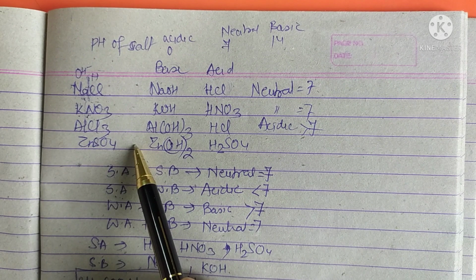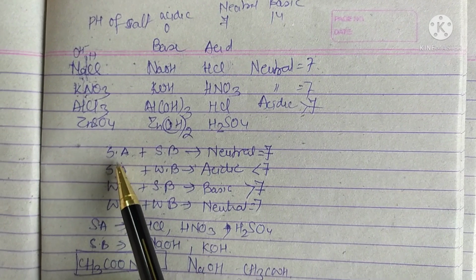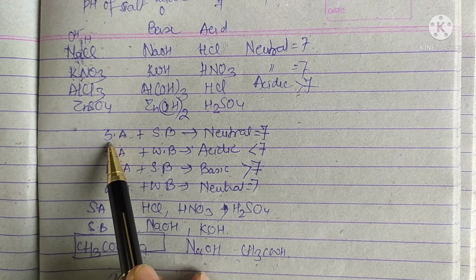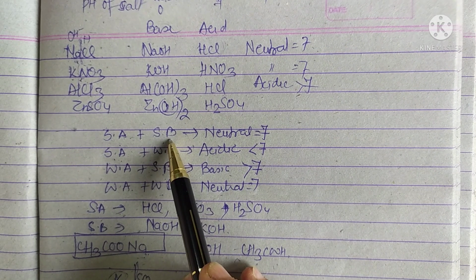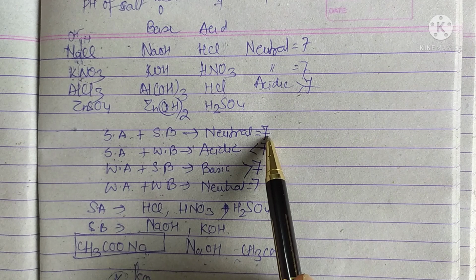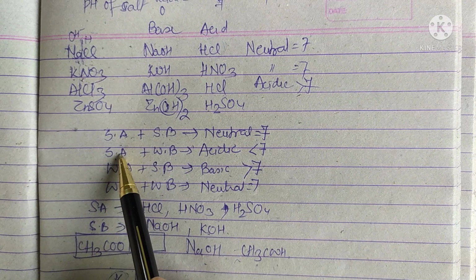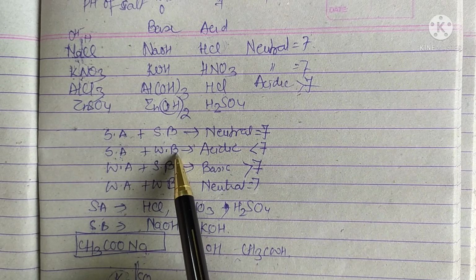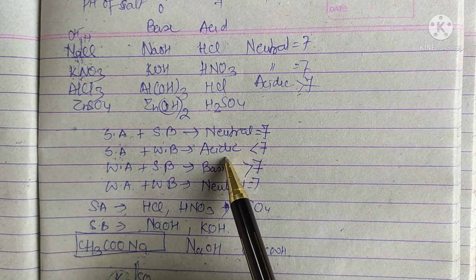Now another thing is that if the salt is formed by the neutralization reaction of a strong acid and a strong base, it will be neutral in nature and its pH will be 7. Next, if the salt is obtained by the neutralization reaction of a strong acid with a weak base, it will be acidic in nature.